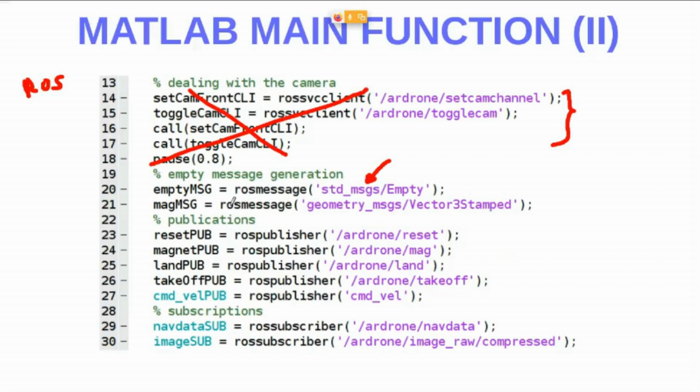And finally, here for the message generation, as you can see here, I tell that the geometry message will be a 3 array.